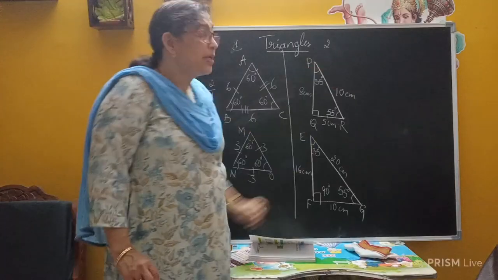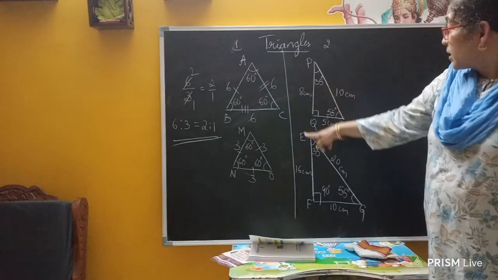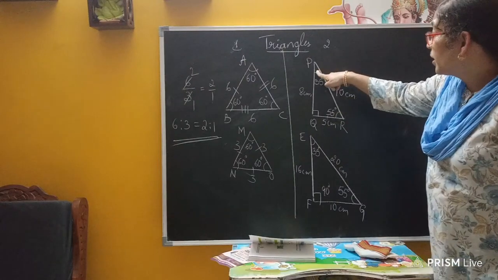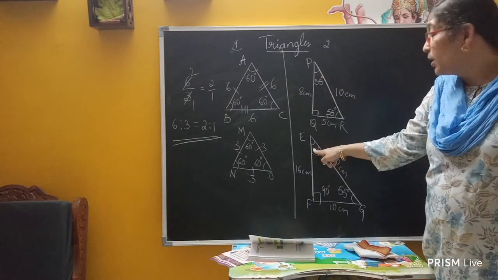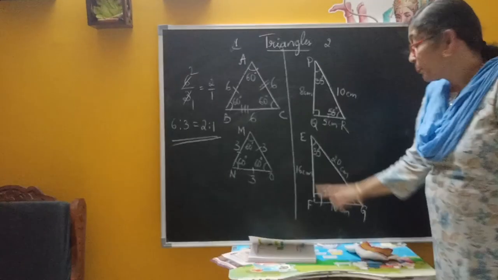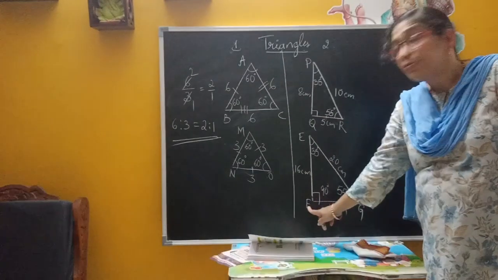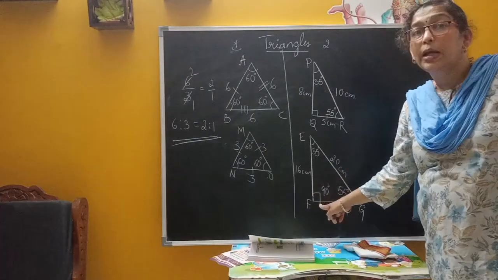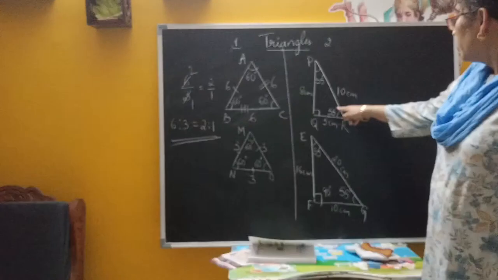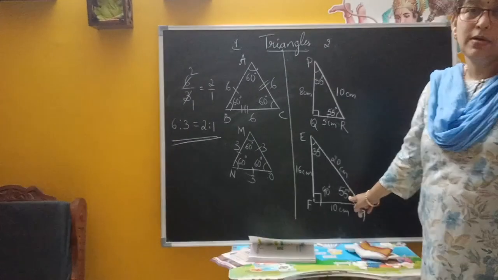See now, the second set of triangles. In this, see the corresponding angles. Angle P corresponds to angle E, both are 35 degree each. Angle Q is the corresponding angle with angle F, both are 90 degree. Here 55 degree, 55 degree. Corresponding angles are equal.